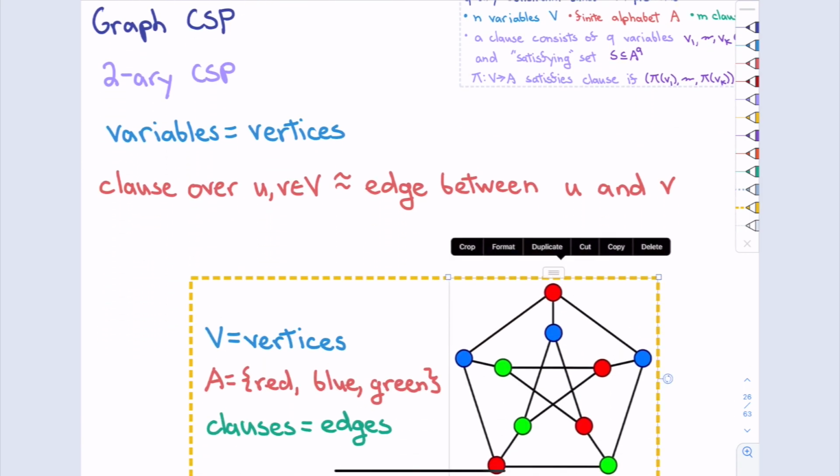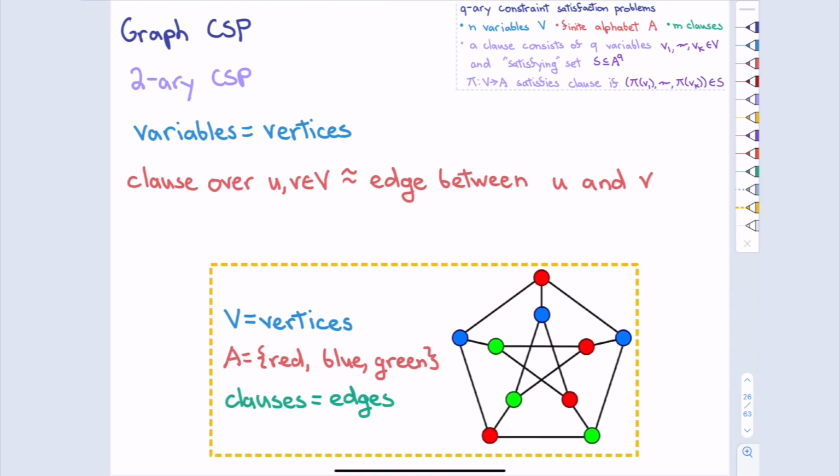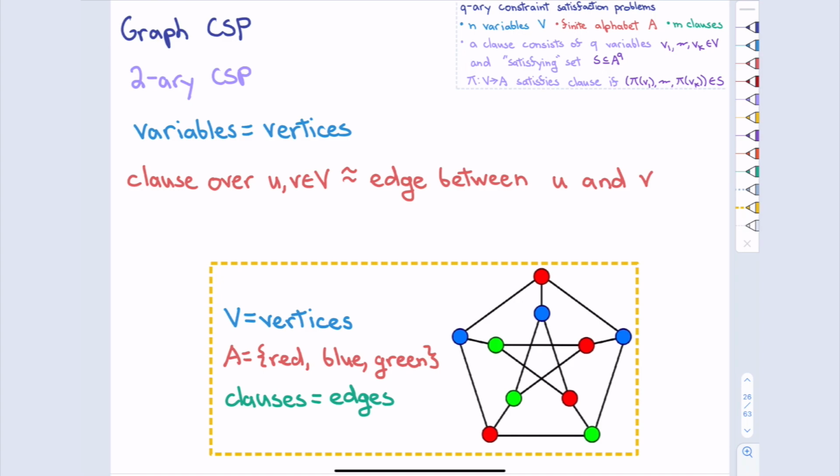The approach we took, there are other proofs, but the proof that we studied was based on studying this graph CSP problem, constraint satisfaction problem, but with only two variables per clause, in which case you can think of variables as vertices and clauses as edges.